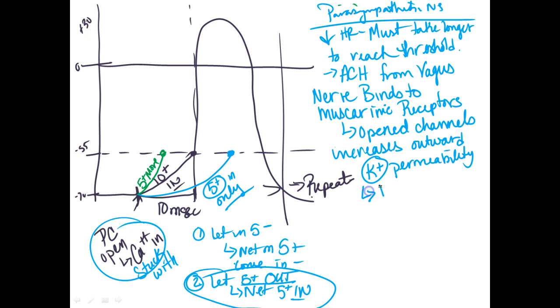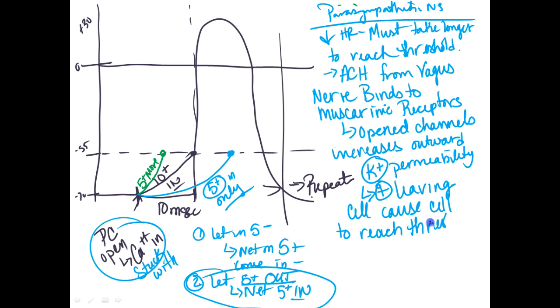So the positives that are leaving the cell cause the cell to reach threshold more slowly. And this is what causes your heart rate to decrease.